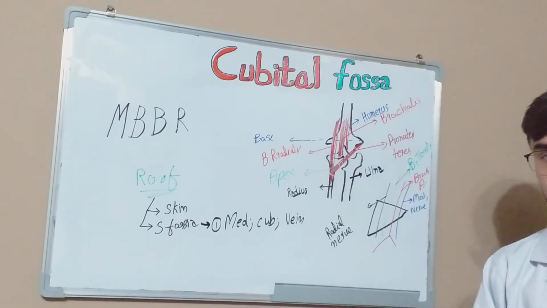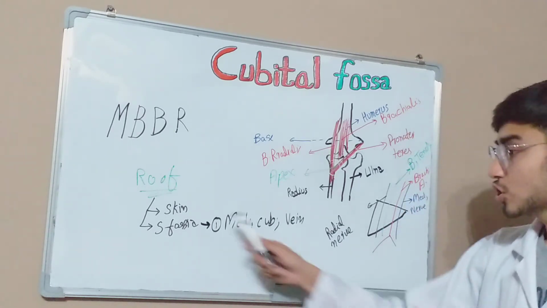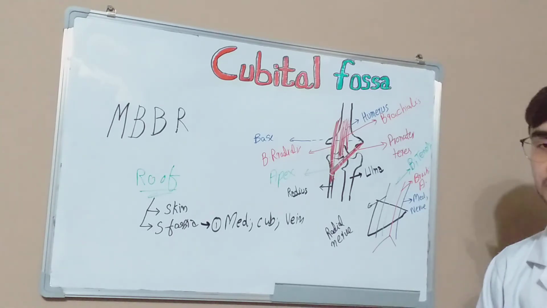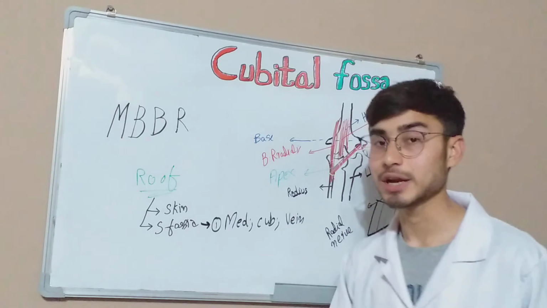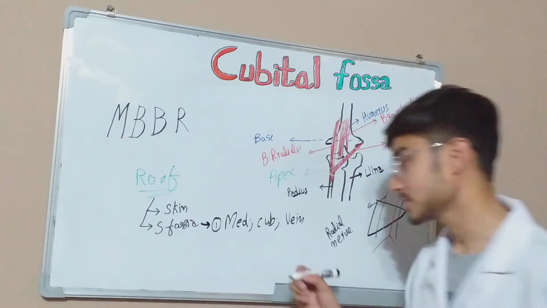We have 2 other superficial contents of the cubital fossa as well: the lateral and the medial cutaneous nerves.